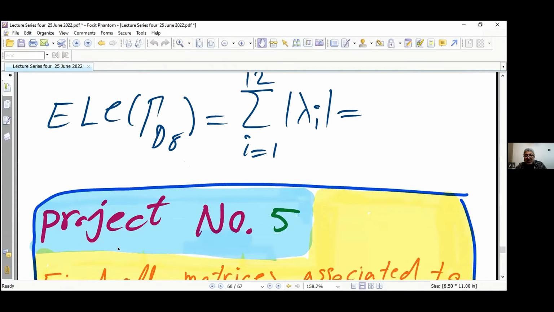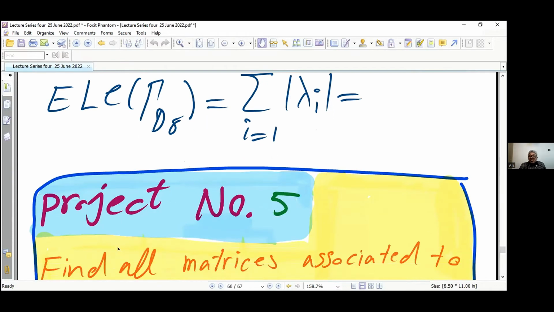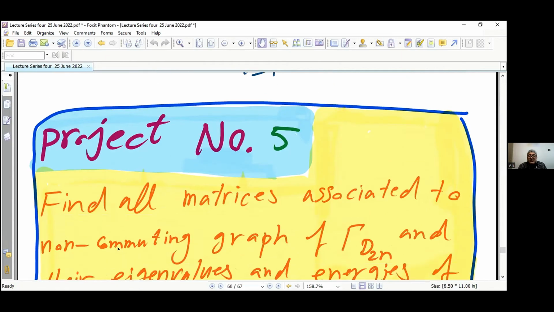Right. Now, I have already mentioned 4 projects. Now, I would like to give 2 more projects here. Project number 5. Similar to this example, where for the non-commuting graph of the dihedral group of order 8, I computed all matrices, the spectrum, eigenvalues and energy of these matrices.